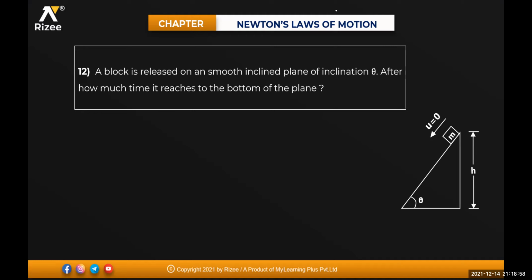So can anyone try this question better? Anyone try that question better? Can anyone try better?